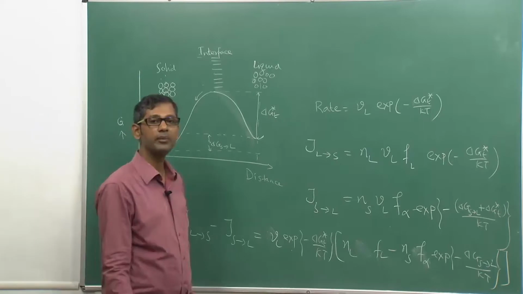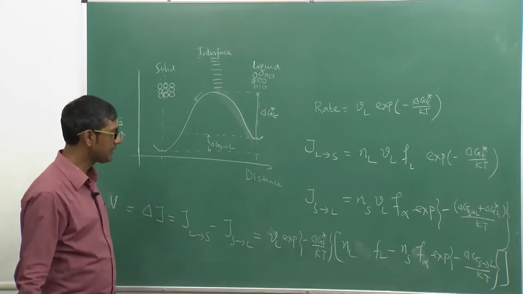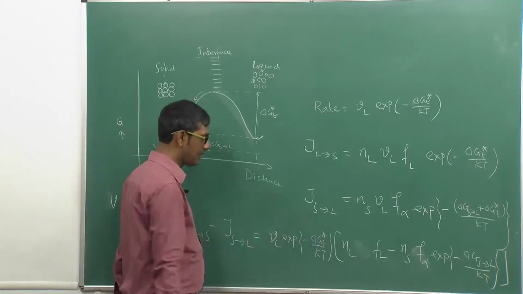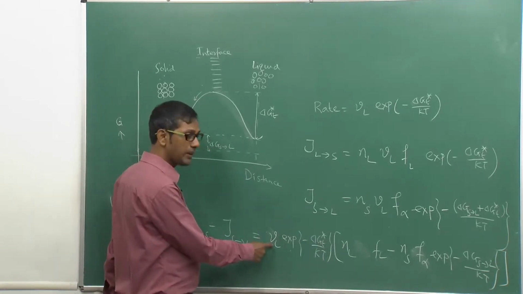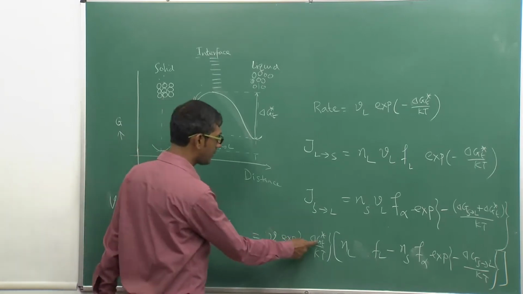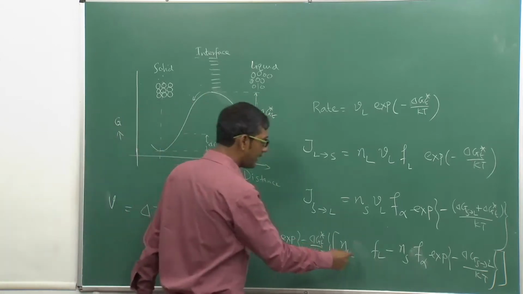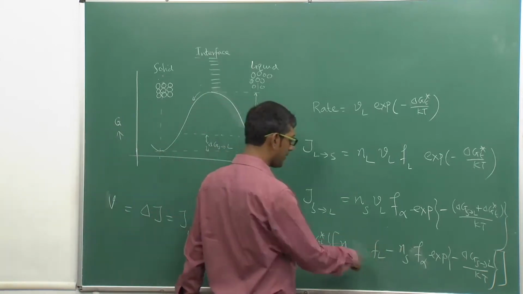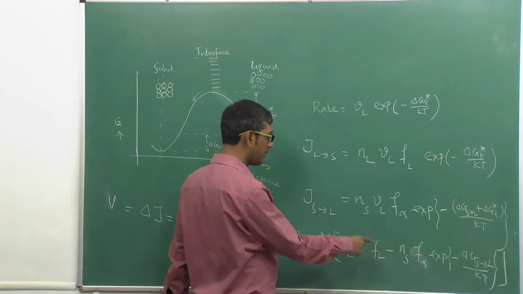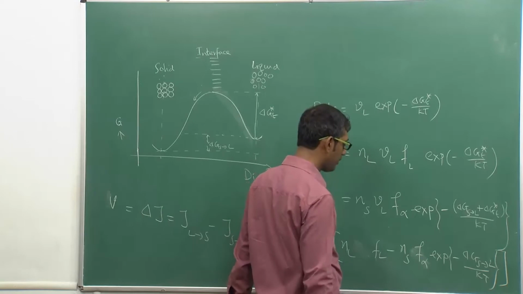For any kind of interface you can talk about it. So you can clearly see it basically has an exponential term that depends on the frequency of the vibrations, that depends on the barrier height for the jump, and then it depends on the number of sites available, how many of the jumps are successful from liquid to solid, and similarly for solid to liquid.